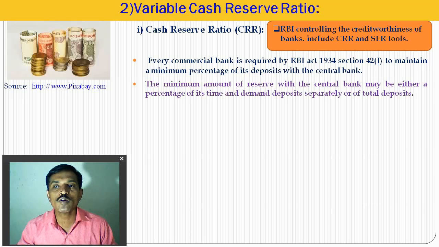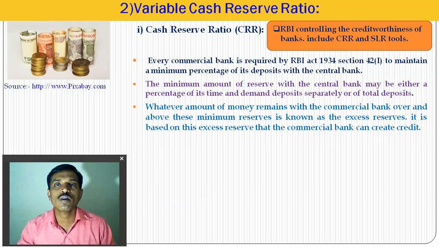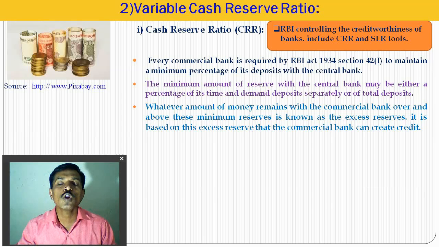The minimum amount of reserve with the central bank may be either a percentage of time and demand deposits separately or of total deposits. So some percentage is kept outside, in the RBI account, by every commercial and other bank. Therefore their liquidity and cash distributing ability is reduced by an increase in CRR.